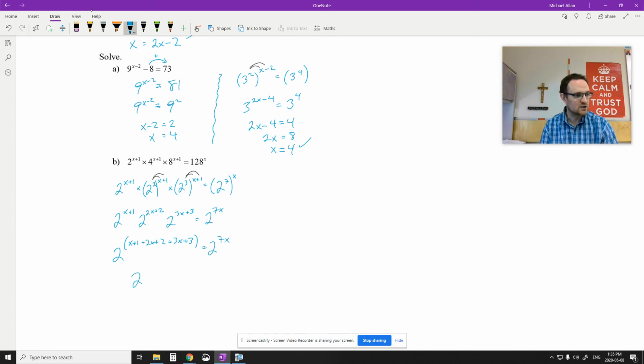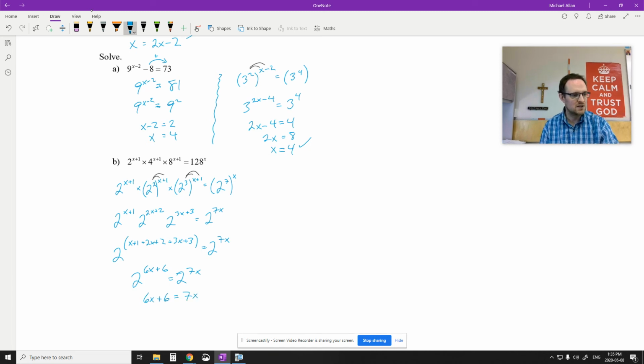I'm going to group my like terms. x plus 2x plus 3x, 6x. 1 plus 2 plus 3, 6. Okay, cool. Now we have a power equal to power. They both have the same base. So we're going to drop our base: 6x plus 6 is equal to 7x.